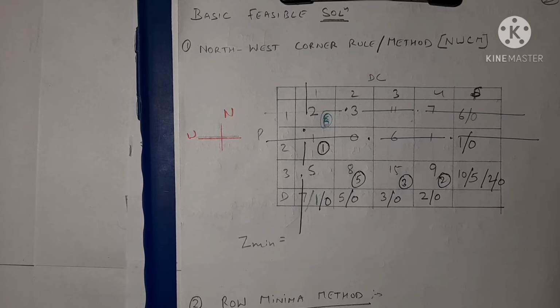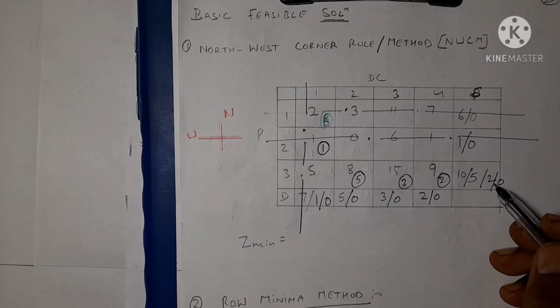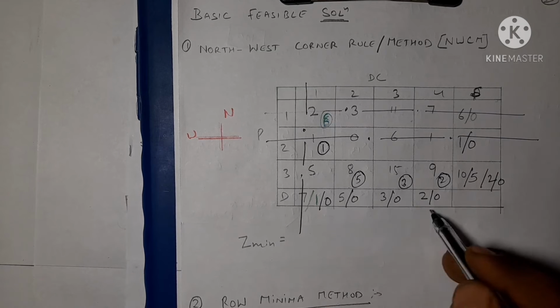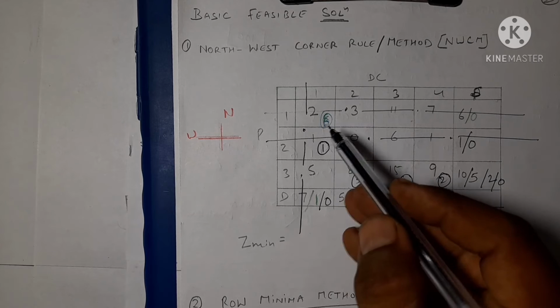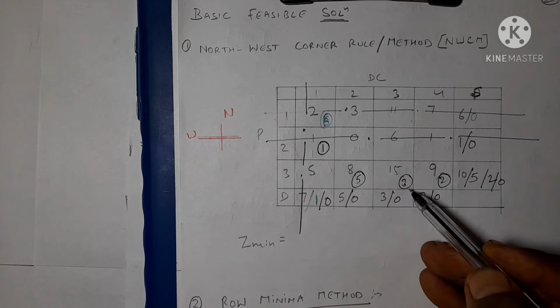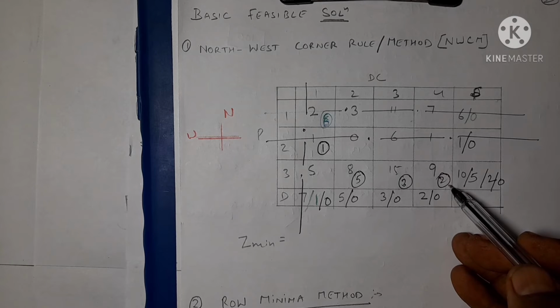If you want to self cross check, then when all the supply and demand are satisfied with 0 0 0 0 0, you can take a sum of allocations: 6 plus 1 plus 5 plus 3 plus 2.